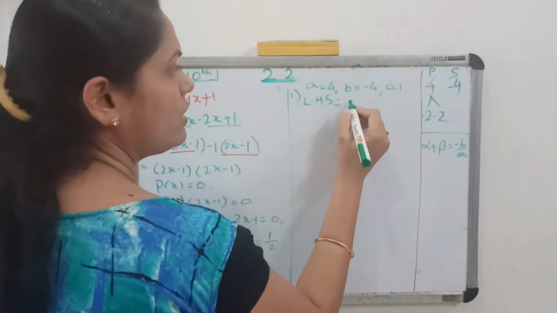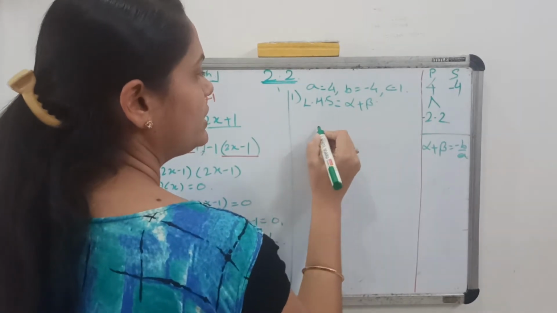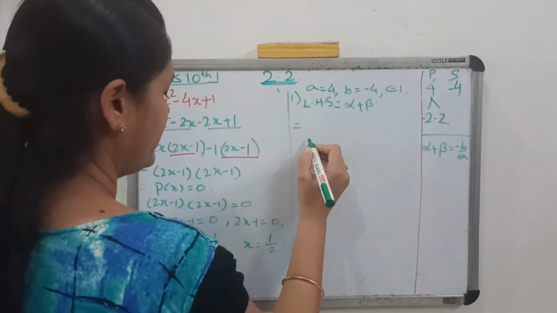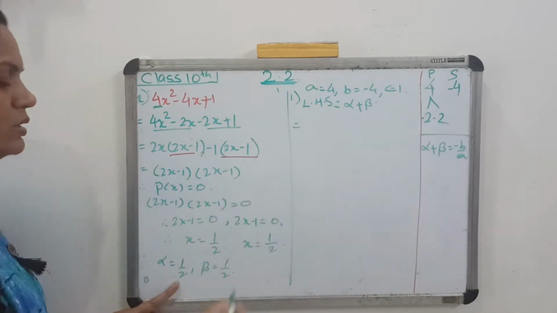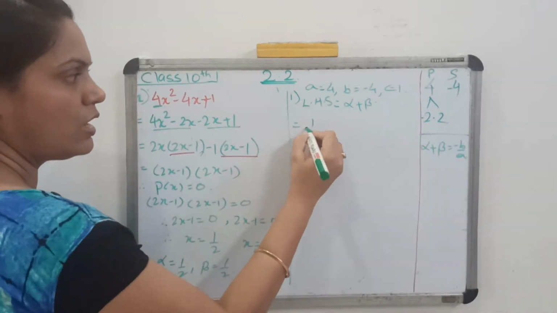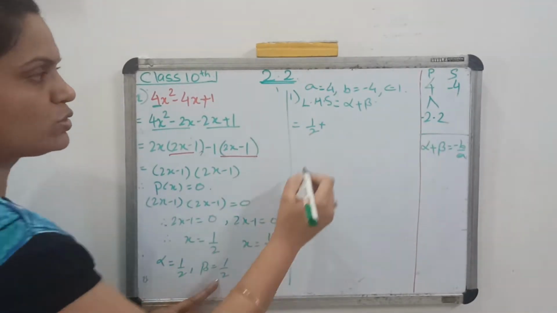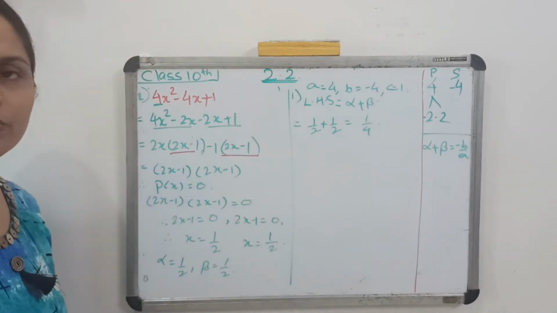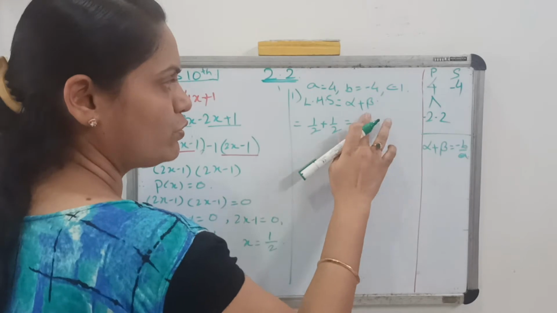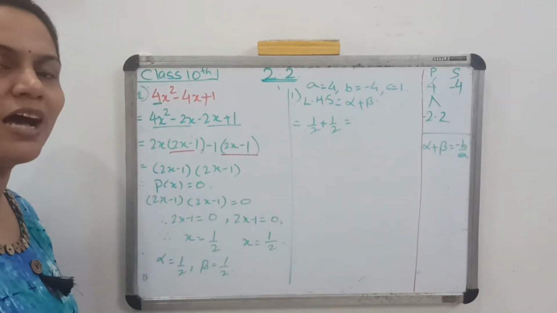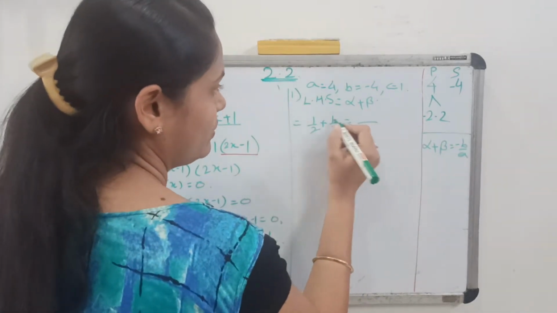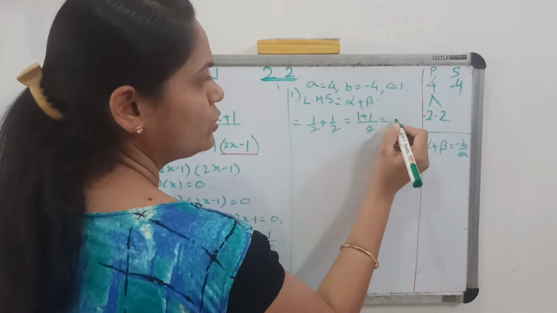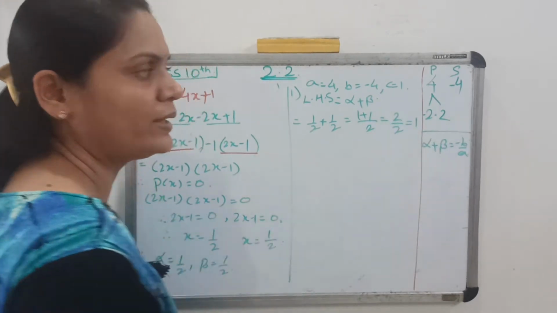Left hand side is alpha plus beta. What is alpha here? Half. Alpha is half plus beta is also half. What will be the answer? Half plus half, 1 plus 1 is 2, 2 by 2 is 1.